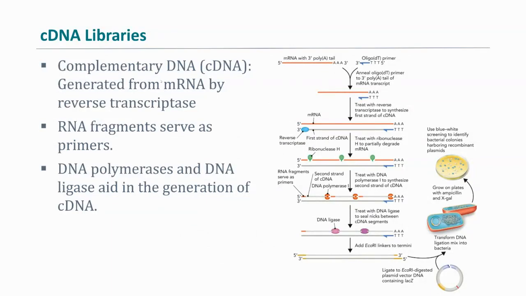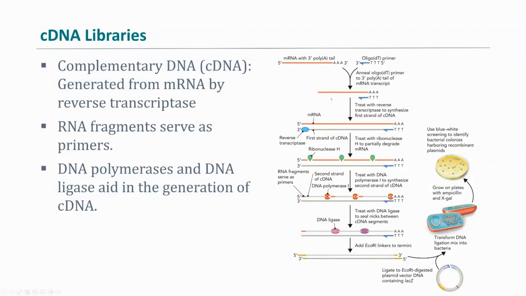A cDNA library is complementary DNA generated from messenger RNA. As you can see, we can collect a population of messenger RNA because they have a poly-A tail, and then you use an oligo-dT primer that binds to the poly-A, and then they start the transcription.